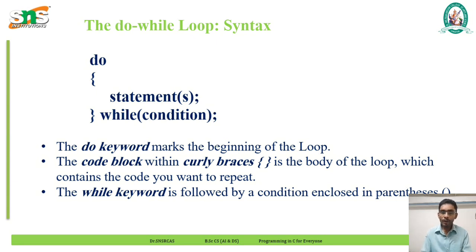After that there is a while keyword with a condition statement and it ends with a semicolon. The do keyword marks the beginning of the loop. The code block within curly braces is the body of the loop which contains the code you want to repeat. The while keyword is followed by a condition enclosed in parentheses.